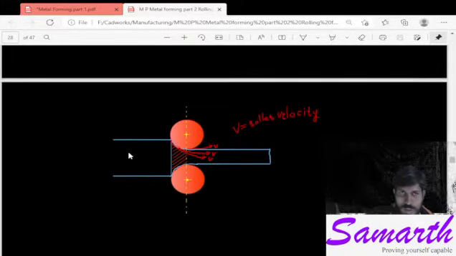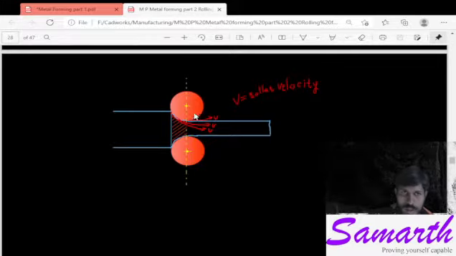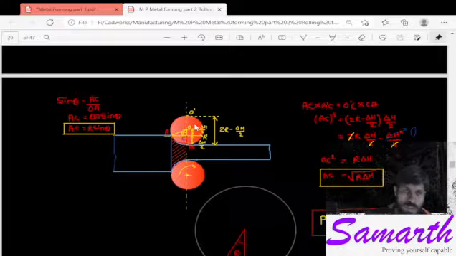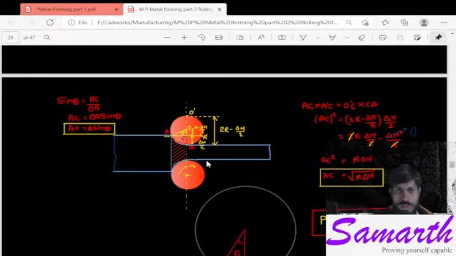Now you can see that the velocity of the roller we will get after drawing a tangent at this contact point. Let us say here is the contact of the roller and the plate, and the exit plane. This velocity will be the same at every point, but the plate velocities will be different at different points.